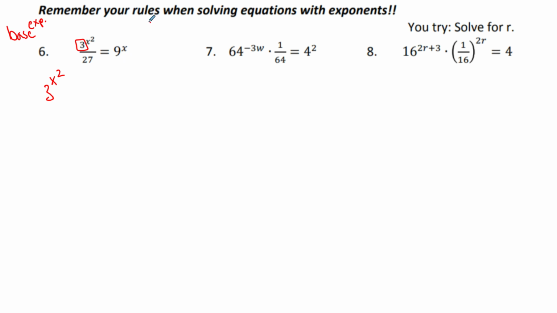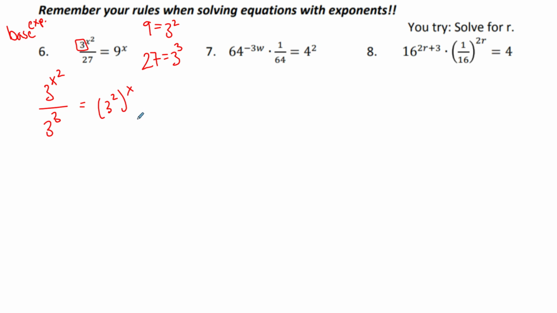Now 9 in base 3? Well, 9 is 3 squared. We know that. And if you multiply by 3 again, you get 27. So 27 is 3 cubed. Okay, so we're going to write 3 cubed on the bottom. We'll substitute 3 squared for 9, x on the outside.